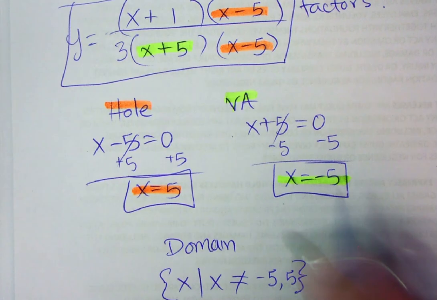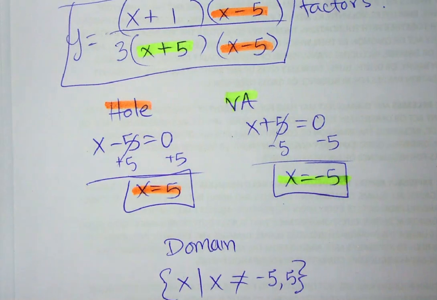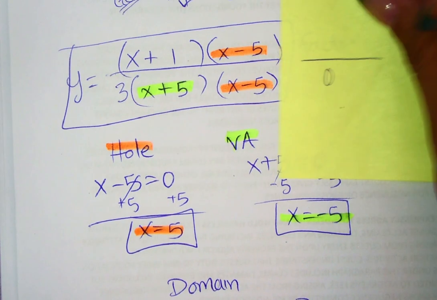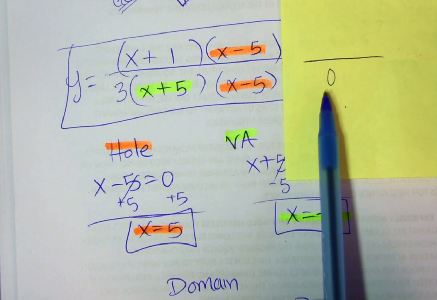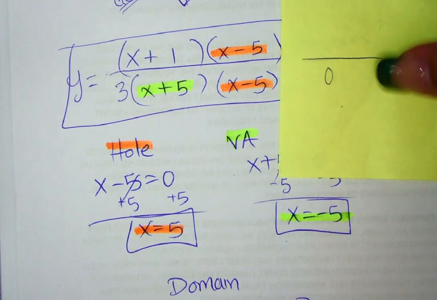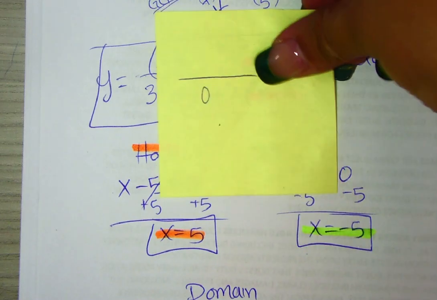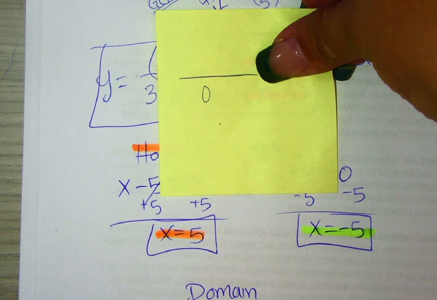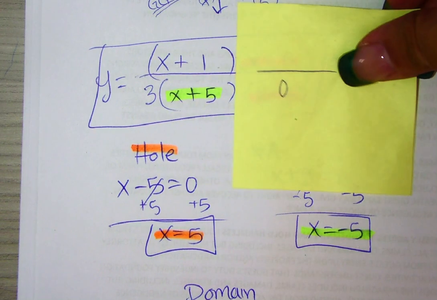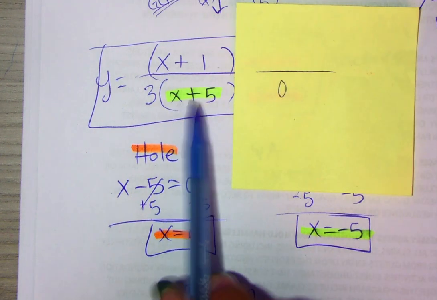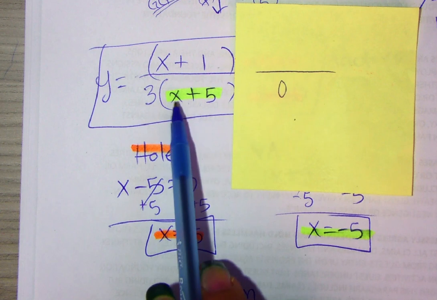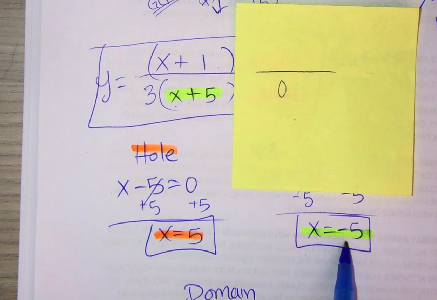Okay, and some students asked about the 3, and my response to that was we are trying to find values that are going to give you that 0 on the denominator. If you look at the factor of 3, the 3 will never give you that 0 as the denominator. But this factor of x plus 5 will give you a 0 if that x is a -5.